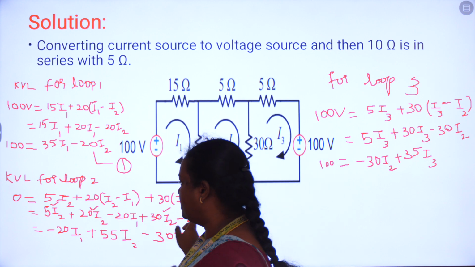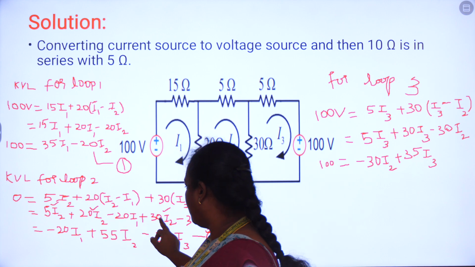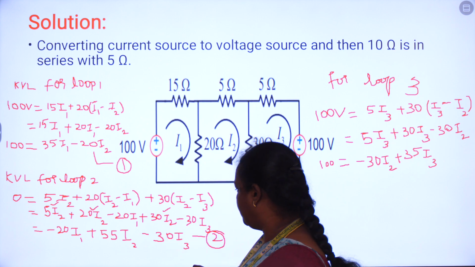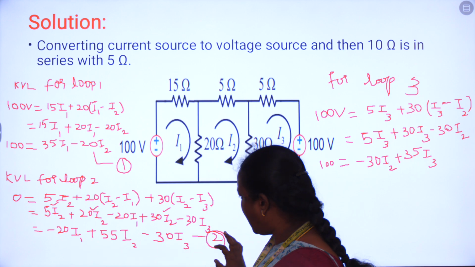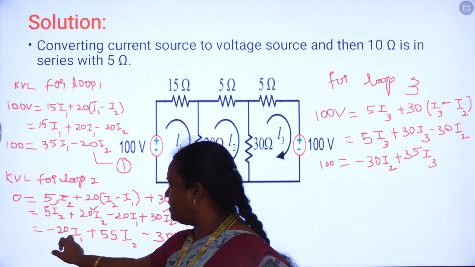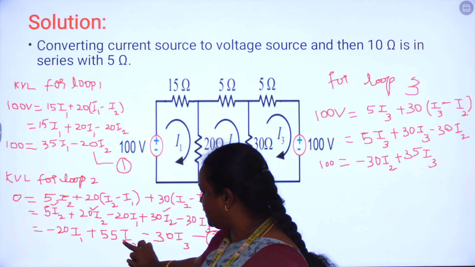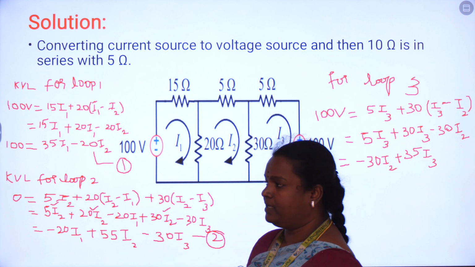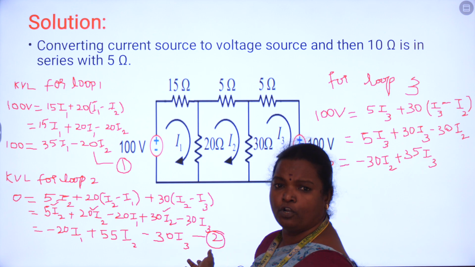After solving, 20 I2 minus 20 I1 plus 30 I2 minus 30 I3, adding all these, we get 0 equals minus 20 I1 plus 55 I2 minus 30 I3. So this is the KVL equation for loop 2.